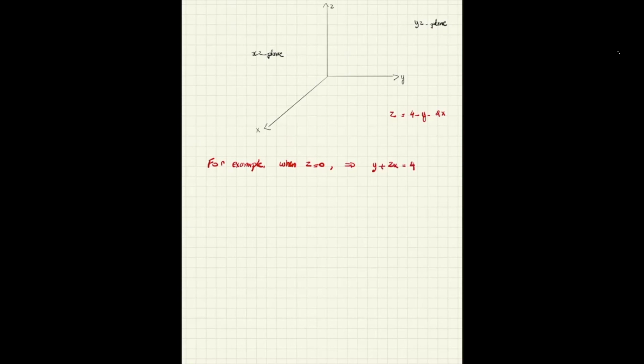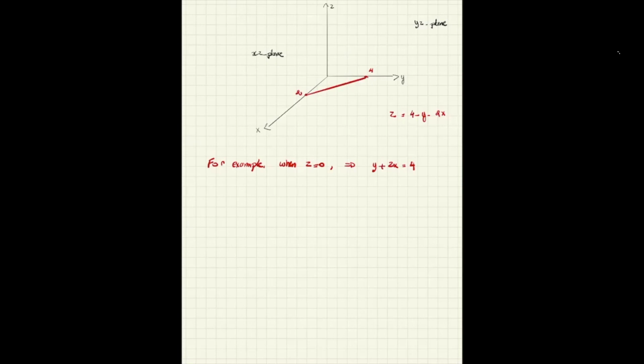Now, when x is equal to 0, y is equal to 4, right? So here we have 4. Now, when y is equal to 0, x is equal to 2, right? And it's a line that goes through this point here. Okay?